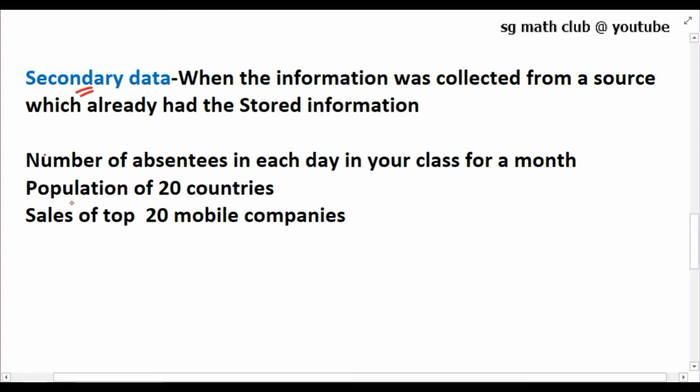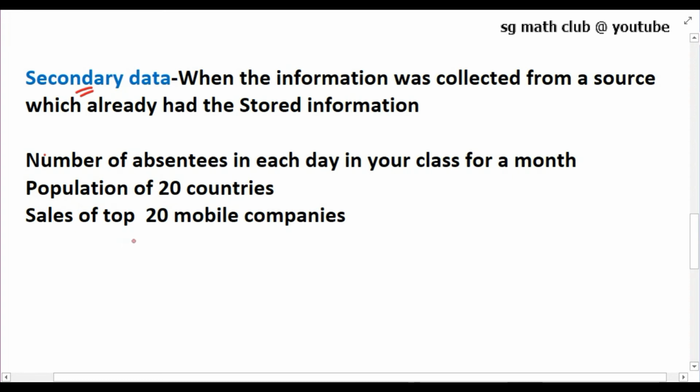Second example for secondary data is the population of 20 countries. How will you find the population of 20 countries? Is it possible to go to 20 countries and find out? Instead of that, you will search on Google for the population of those countries and find out. So you are taking the information from Google, where all the information has been stored.